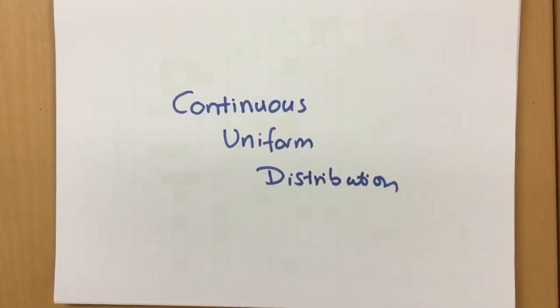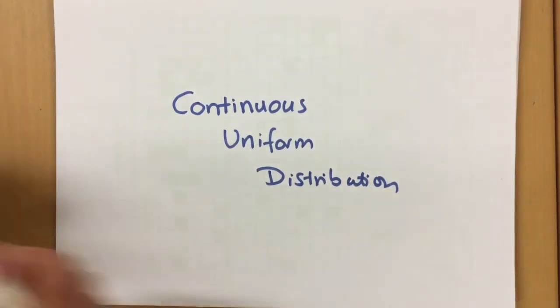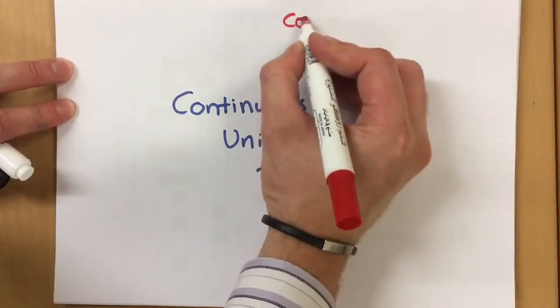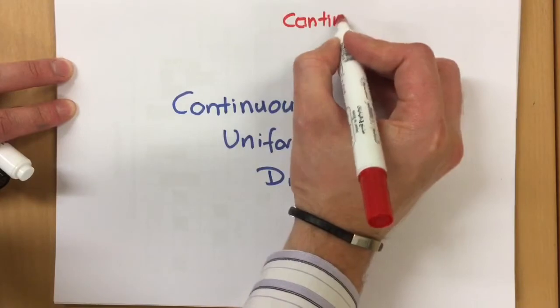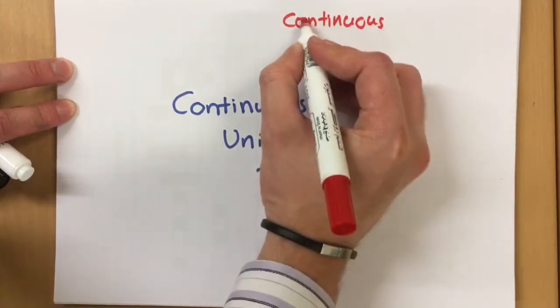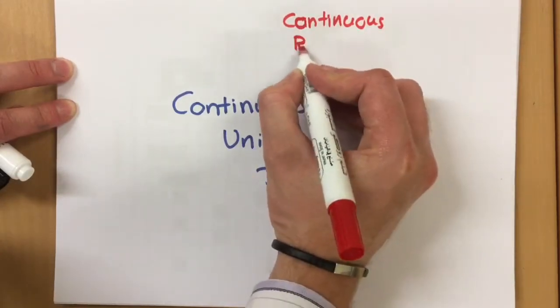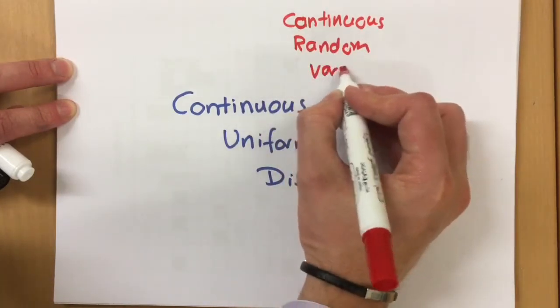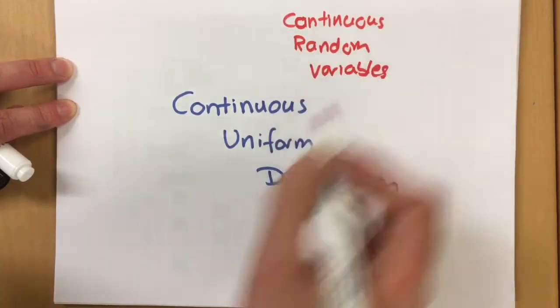Hello, today we are looking at the continuous uniform distribution. We have just been looking at continuous random variables. Now remember, continuous, that's definitely an O, random variables.